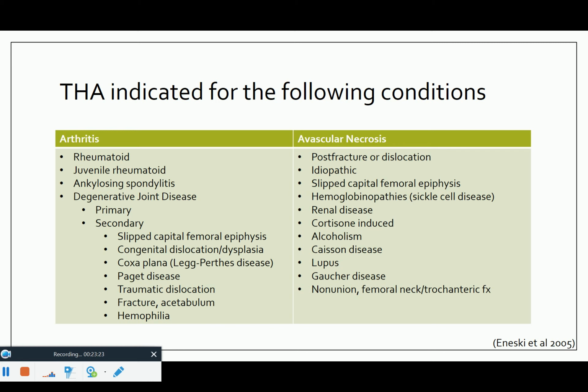But then also at the bottom is alcoholism. This is a big one. Alcoholism can actually decrease blood flow over time for some reason to the hip joint, and lead to this avascular necrosis of the femoral head, which then would call for a total hip.